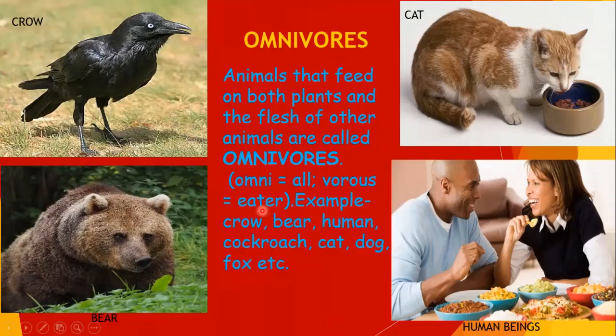So they can eat both plant materials and flesh. They can eat more types of food than either herbivores or carnivores. Examples: crow, bear, human, cockroach, cat, dog, fox, etc.